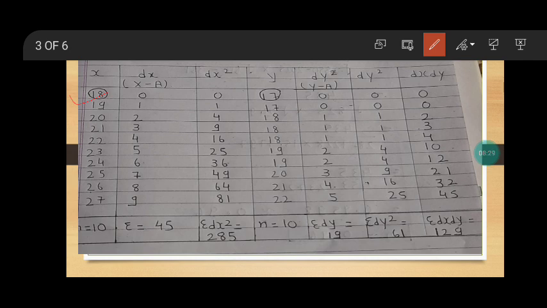Like 0 into 0 would be 0, 1 into 1 would be 1, 2 into 2 would be 4, 3 into 3 would be 9, 4 into 4 would be 16, 5 into 5 would be 25, 6 into 6 would be 36, 7 into 7 would be 49, 8 into 8 would be 64, 9 into 9 would be 81. This way we calculate the different values which need to be written in the dx square column.